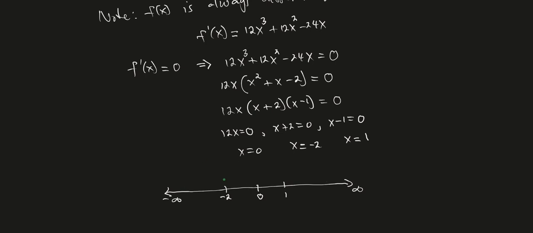Here we have the values, so at these specific values, that's why I'm using arrows here, the derivative is equal to 0. That's what the algebra here just told us. So then the question is, if x is between negative infinity and negative 2, is the derivative positive or negative there?